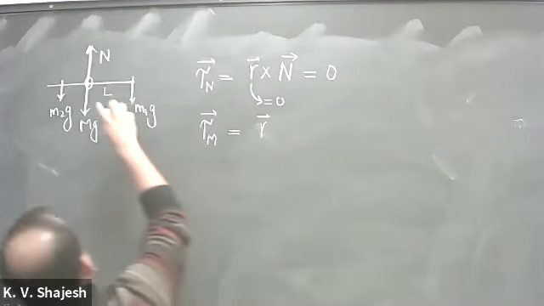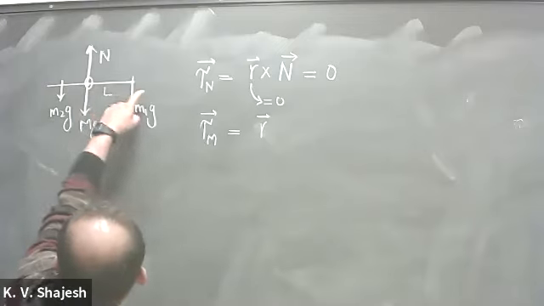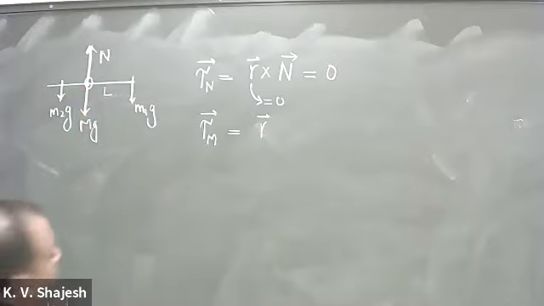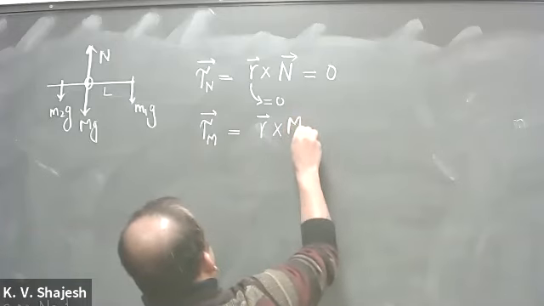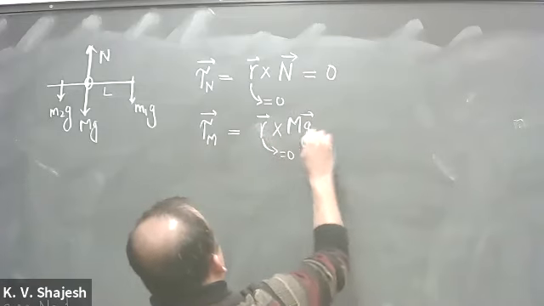Remember again, the mass acts at the center of mass of the object we are discussing. Here, the object was the plank, and we said it is uniform, so the center of mass is right at the center. So that's R crossed with capital Mg, and again, this is equal to 0.